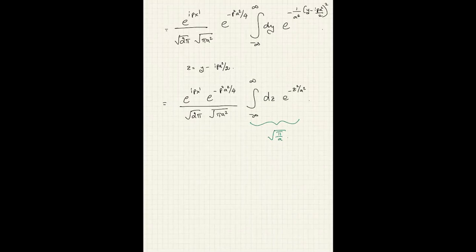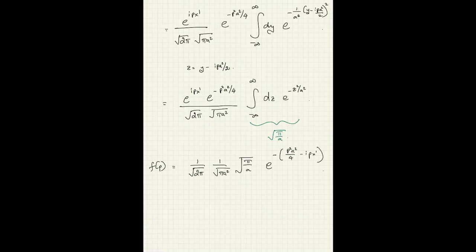Anyway, when all is said and done, f of p is given by a whole bunch of constants. There is a 1 over square root of 2 pi, 1 over square root of pi a square, then there's a square root of pi over a, times e to the minus p square a square over 4 minus ip x prime.